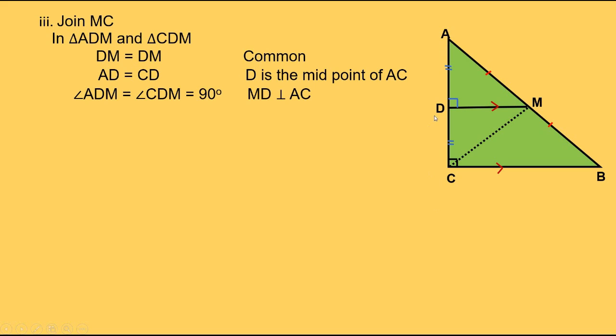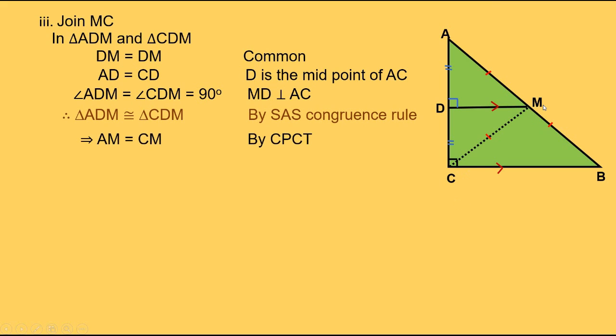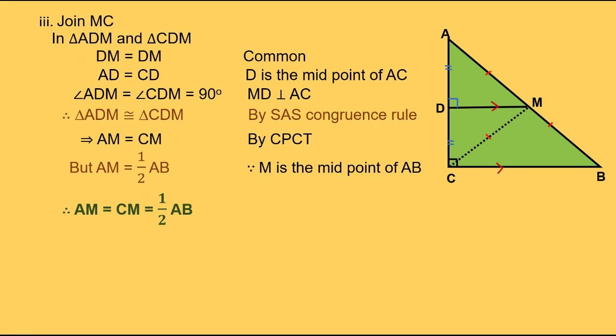Therefore, triangle ADM is congruent to triangle CDM by SAS congruence rule. This implies AM is equal to CM by CPCT, but AM is half of AB since M is the midpoint of AB. Therefore, AM is equal to CM, which is equal to half of AB.